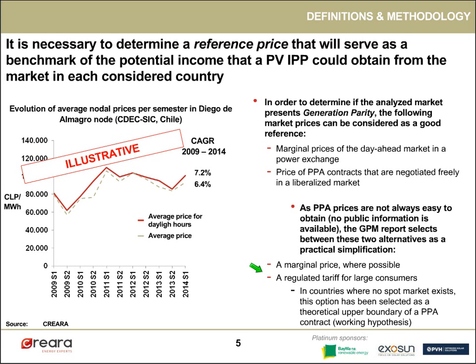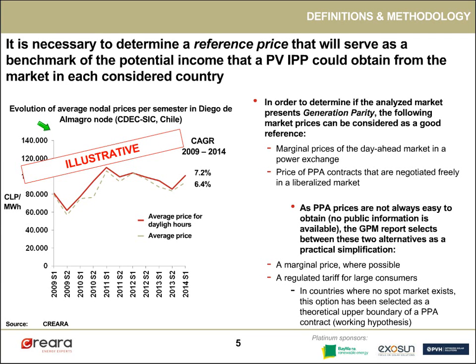You can see here on the left that we've used the nodal price in Chile as an example, and you can see here how the prices have changed in the last years, the semesters we're looking at.